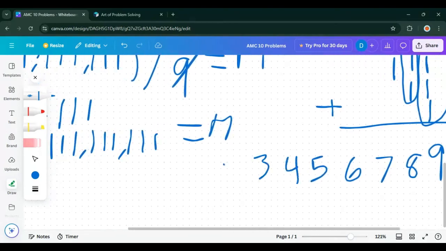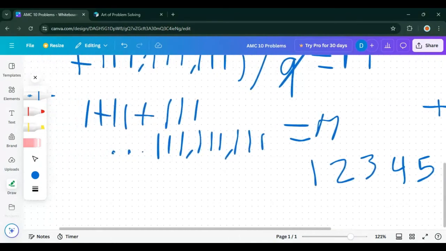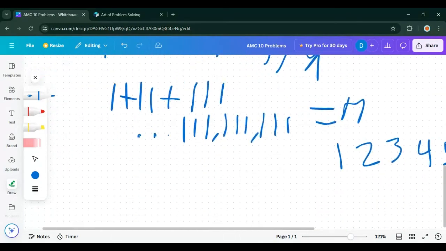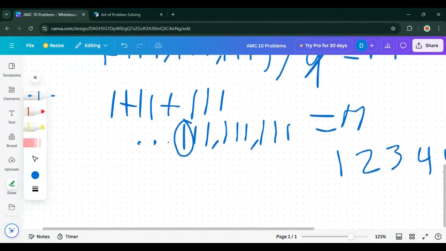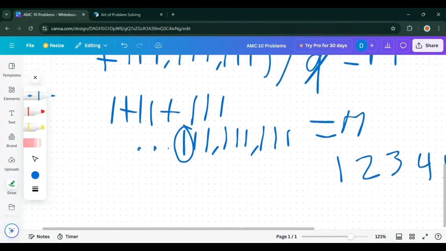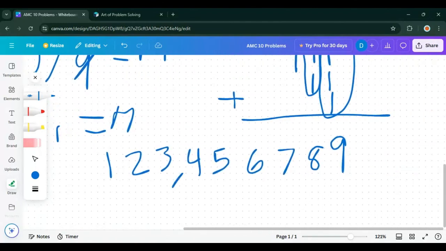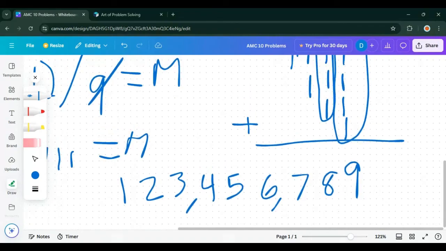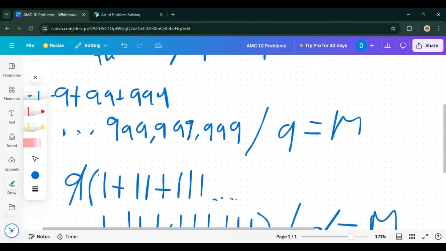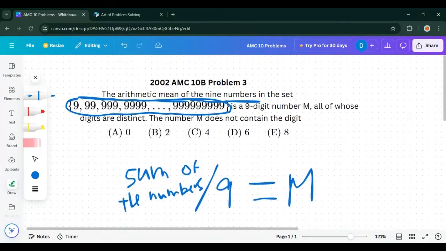In the hundred millions digit, we'll have 1, because this is the largest number and the only one that has a hundred millions digit. So we have this big number, the arithmetic sum. It's a 9-digit number. We can check our work, and the only digit that it doesn't contain is 0.